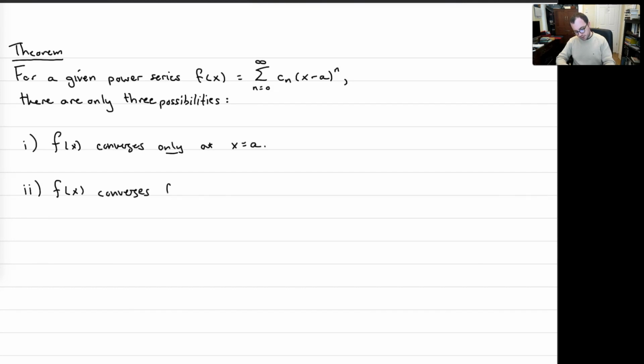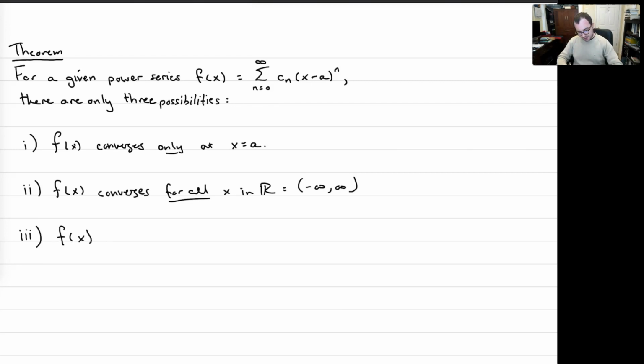So it converges for all x in the real numbers. So no matter what value I plug in, I get a convergent series. That's a possibility. Third possibility is that you get some range of values, like we did in the first example, that the series converges for.